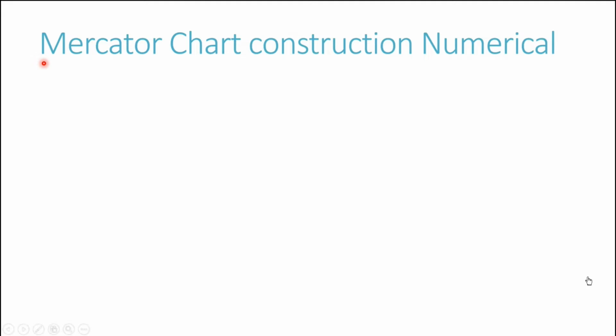With these basics clear in our mind, let's now have a look at a sample numerical related to Mercator chart construction. Questions like these appear in the exams. So let's see.